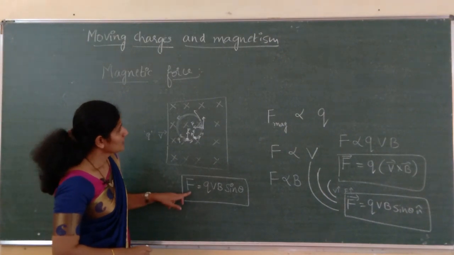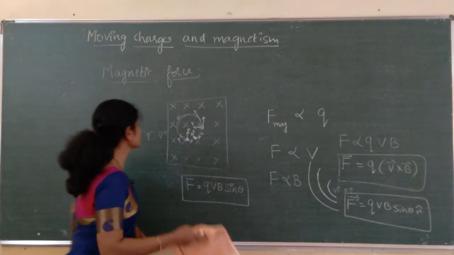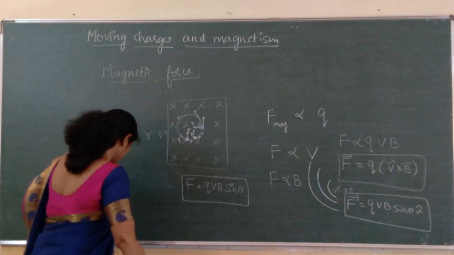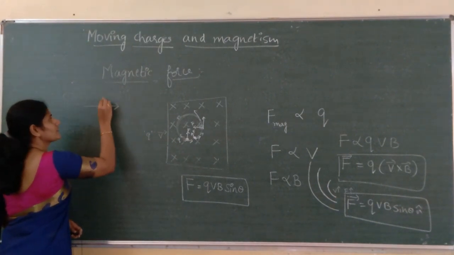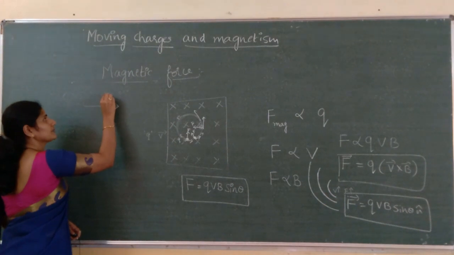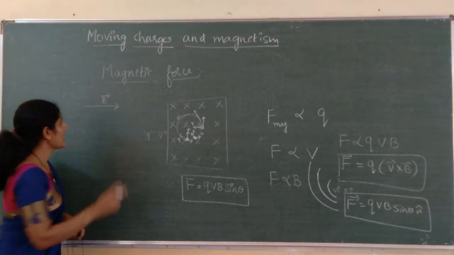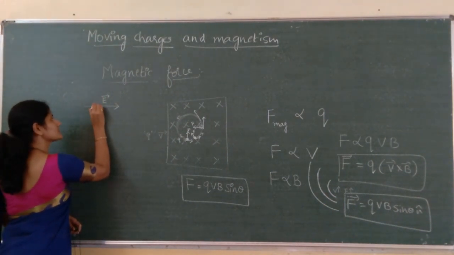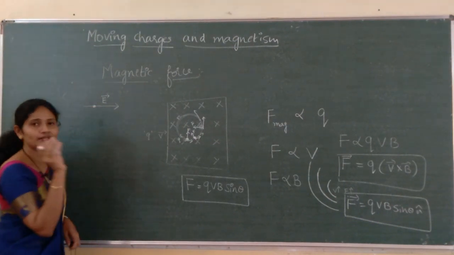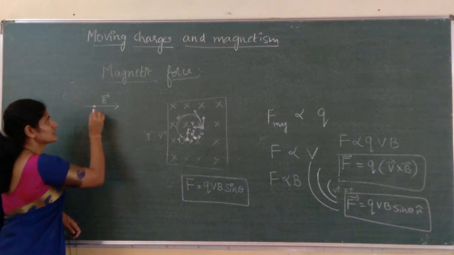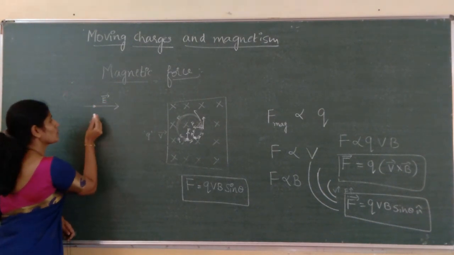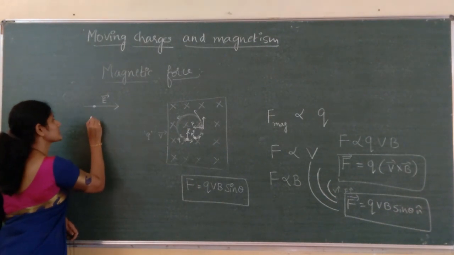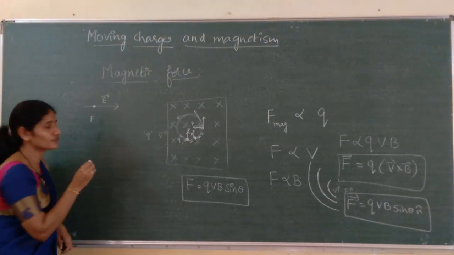Now, in the presence of an electric field, represented by E, if we have placed one stationary charge, this charge will experience an electric force. What is the expression for the force experienced by a charge in the presence of an electric field?